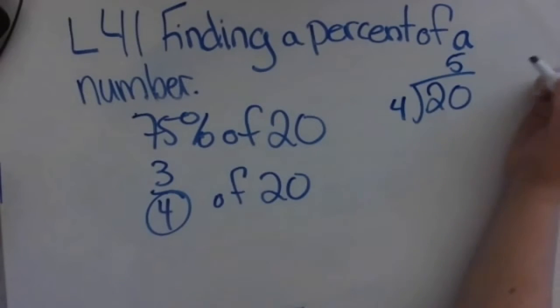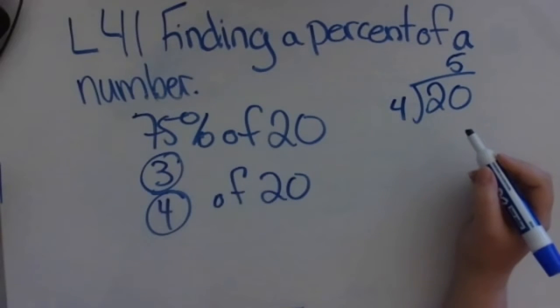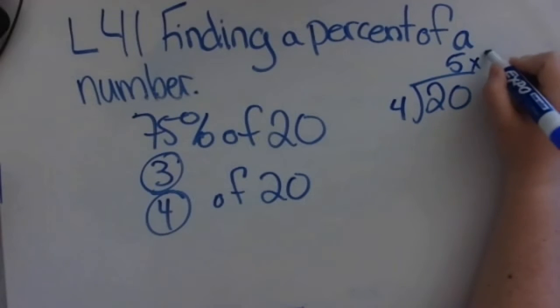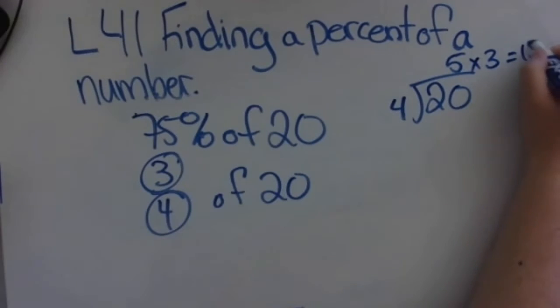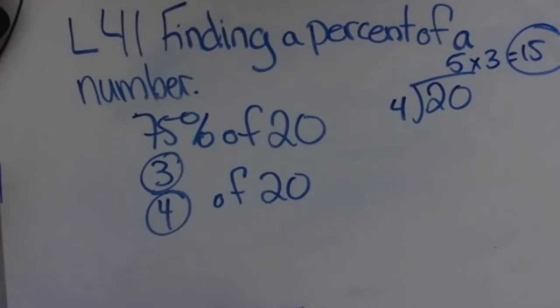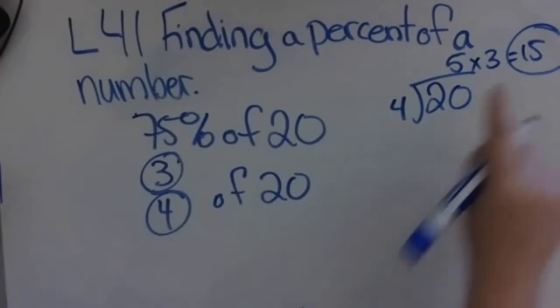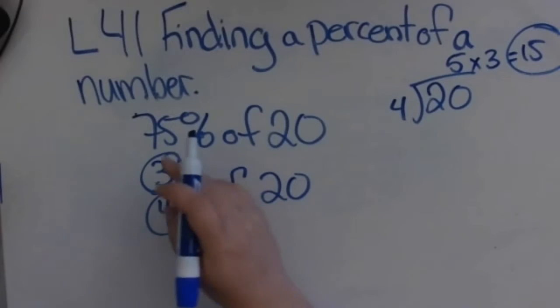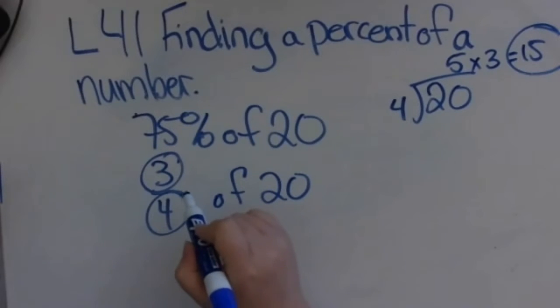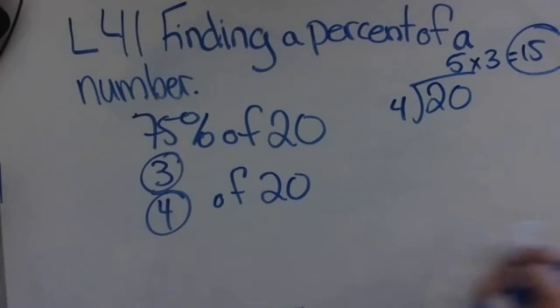I get 5, and I need 3 5s. So 5 times 3 is 15. That's one way to do it. 75% of 20 is 15. But I had to take that 75 and revert it into its lowest terms fraction before I could do that.